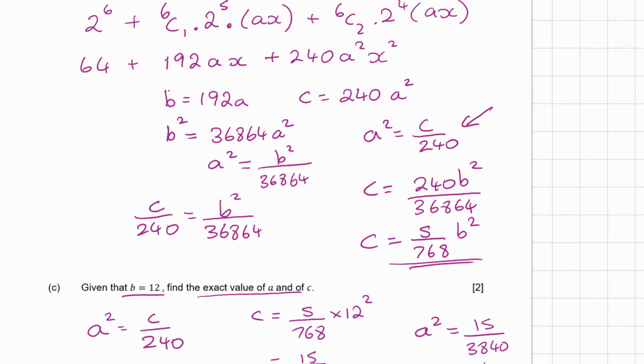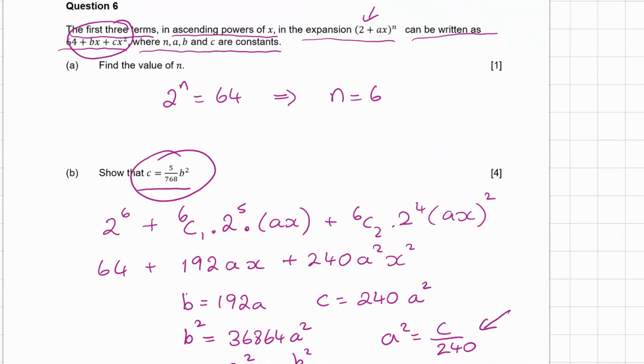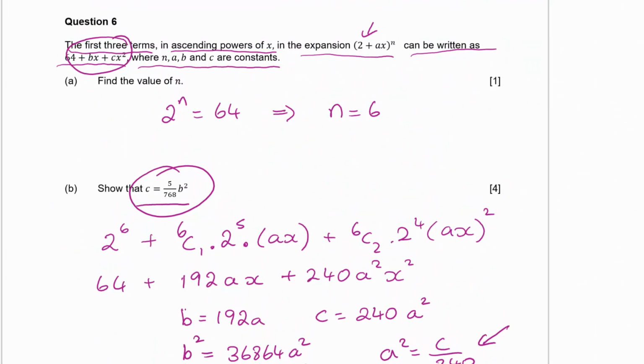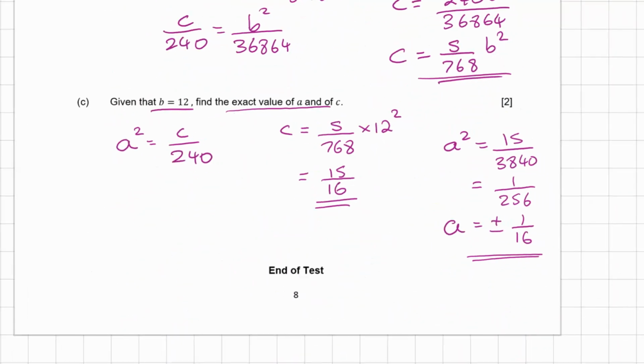I don't see any reason why it should just be positive. There was nothing in the question that said it, it just said they were constants, so it looks to me like it should be positive or negative.